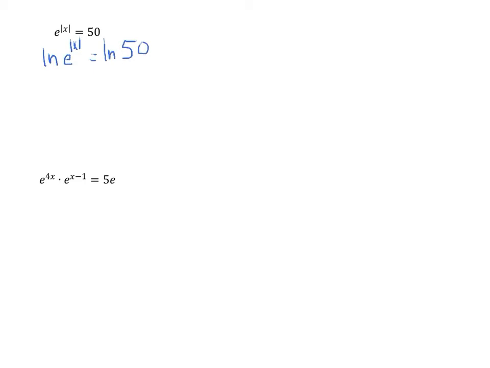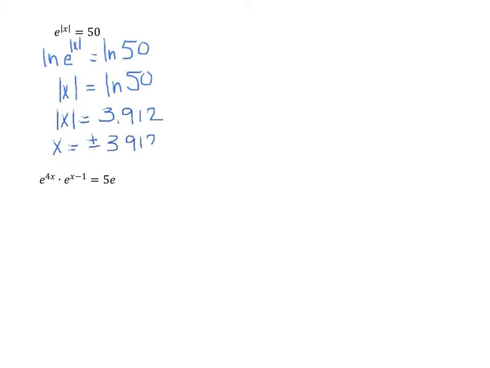Now remember that natural log is base e, and one of the things that we learned is that the natural log cancels out e, so we end up with the absolute value of x is equal to the natural log of 50. If I plug the natural log of 50 into my calculator, I get 3.912. So x is equal to approximately positive or negative 3.912.